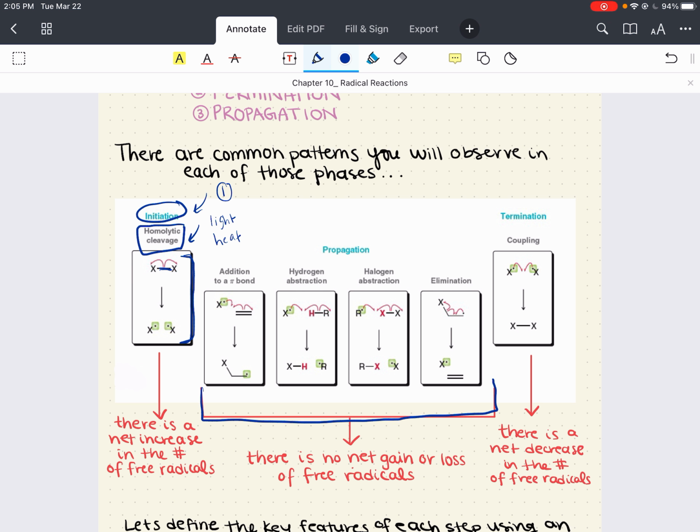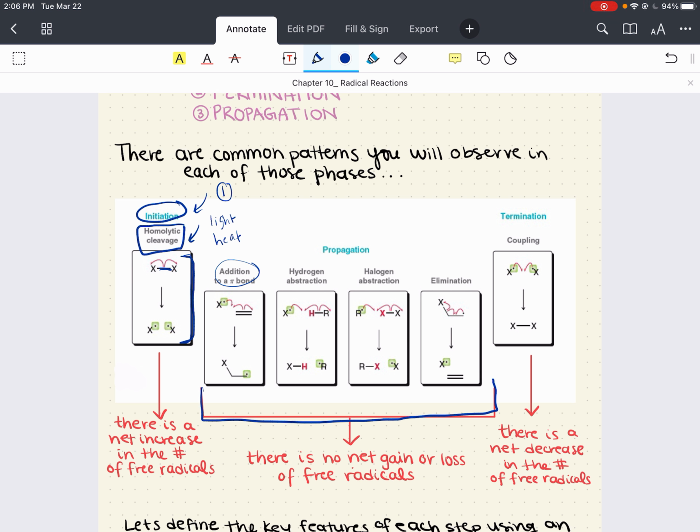First common pattern you're going to see in the propagation phase is addition to a pi bond, where a radical adds to a pi bond and thereby destroys the pi bond, and in its process generates a new radical. So addition to a pi bond is one common pattern you'll see in propagation.